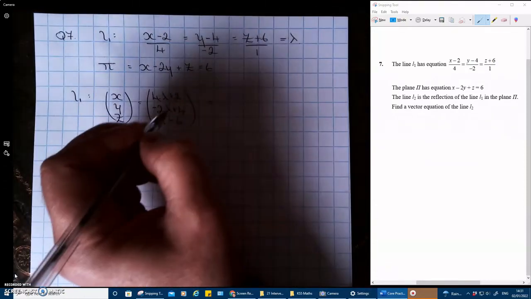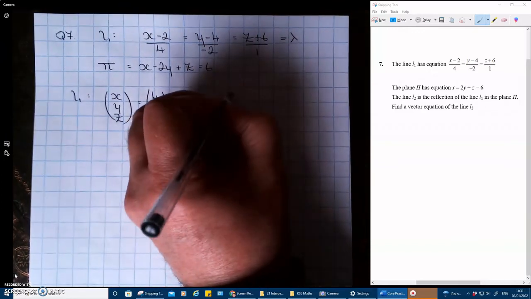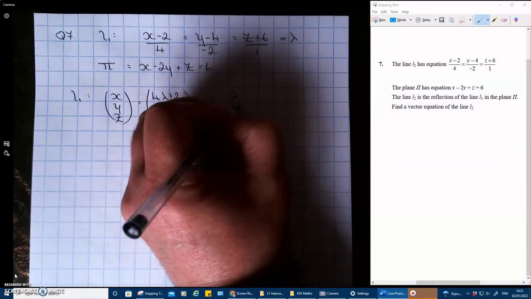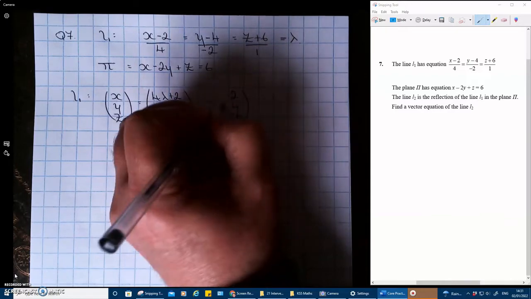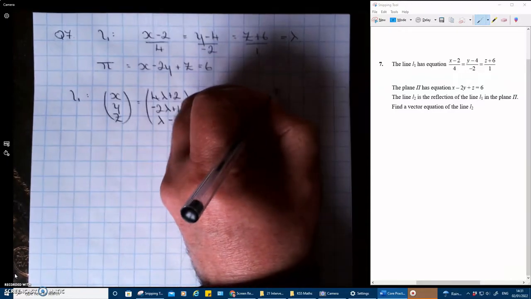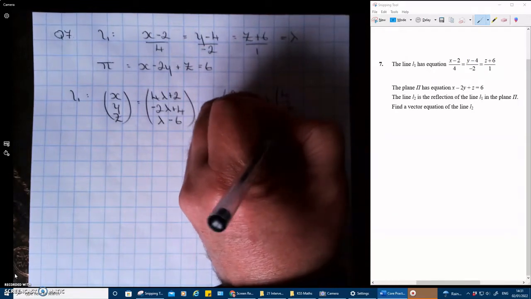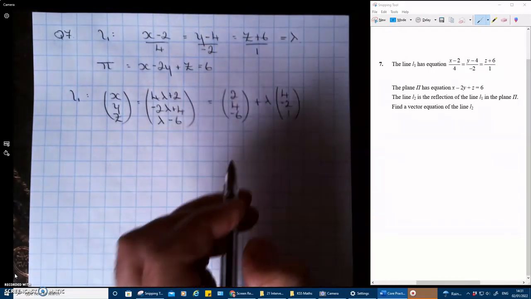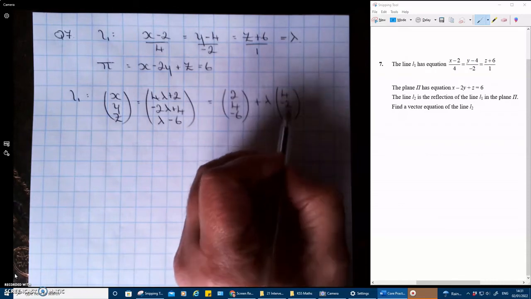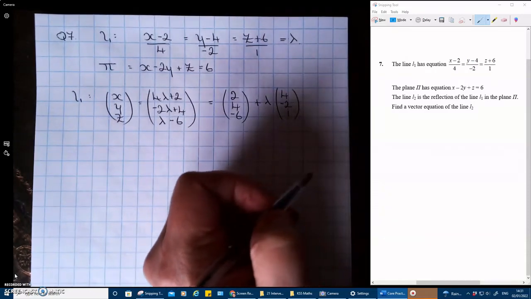And perhaps more usefully, if I put the 2, 4, minus 6, take the lambda out, I get 4, minus 2, 1. Okay, so this gives me a point on the line and the direction of the line.